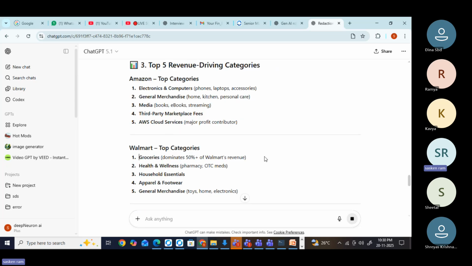But here, groceries, look here. Groceries dominates more. Electronics and computers and general merchandise like home, kitchen, personal care, media, third party marketplace, AWS cloud services, general merchandise, right? So even here, both of them are overlapping.